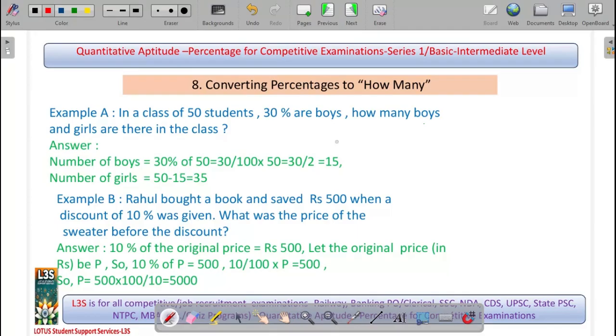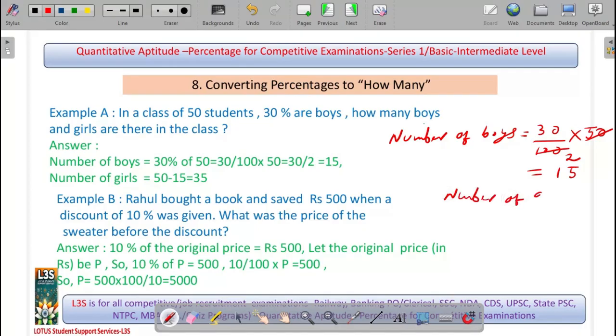Easily we can find out the number of boys here. 30% of 50 students are boys. So we can say 30%, that means 30 by 100 of 50, correct? So 50, then we can cancel, it is 2. So there are 15 boys.